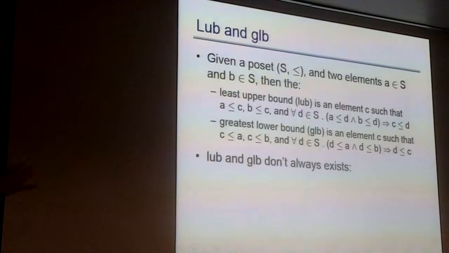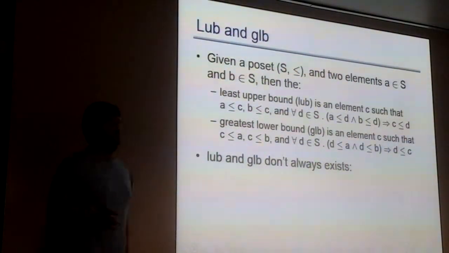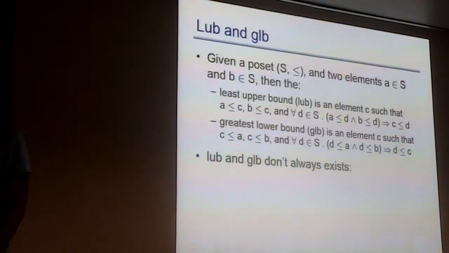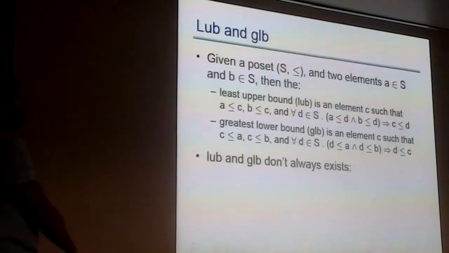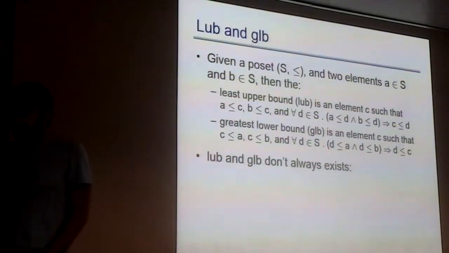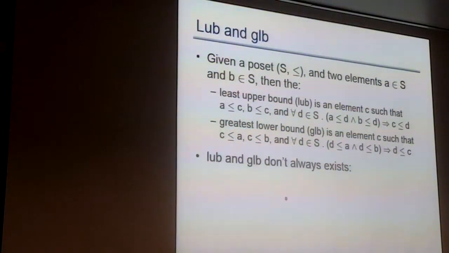One of the things is that in general, in a partial order, lubs and glbs don't always exist. You can create relations in which there are two elements that don't have a least upper bound. An example would be where A and B just don't have bigger elements. Maybe you have something like this, where there's something below them, but there's nothing above.